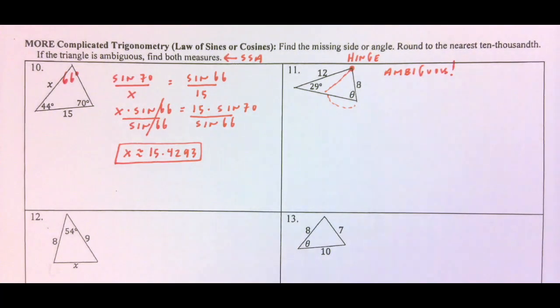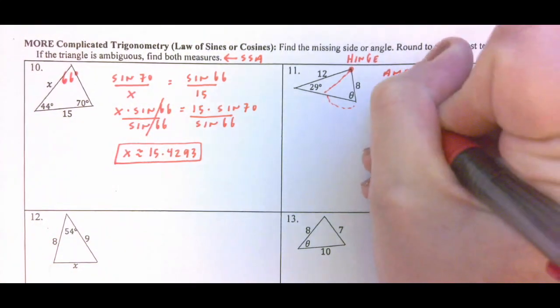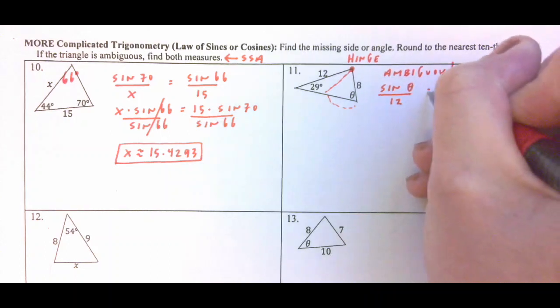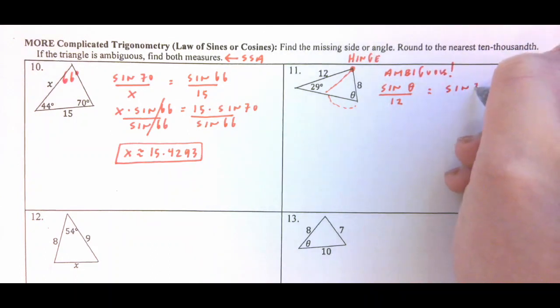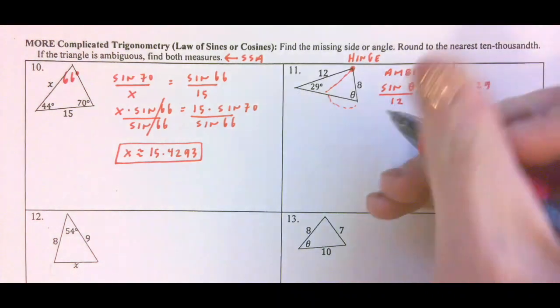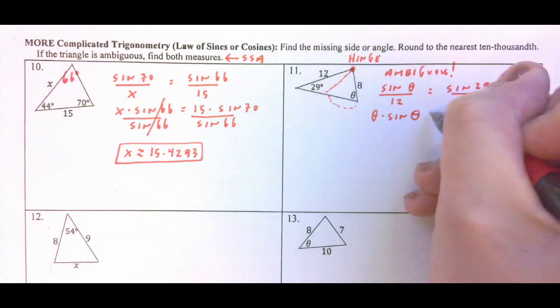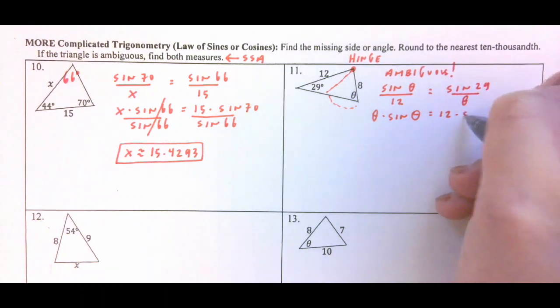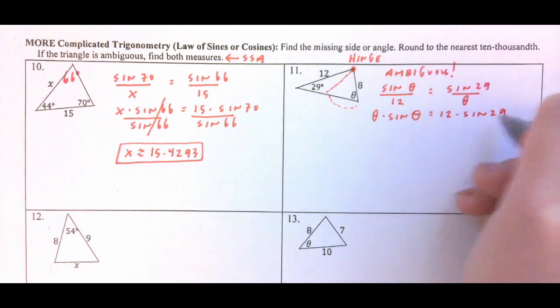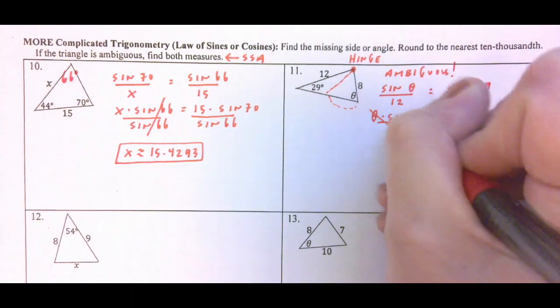So if I solve for the first one, I start by saying sine theta is to 12, just as sine 29 is to 8. Cross multiply. So 8 times sine theta equals 12 times sine 29. Divide away the 8. Type it in.